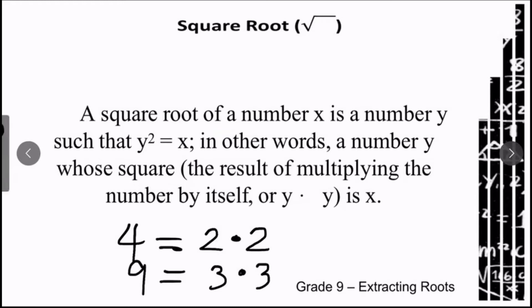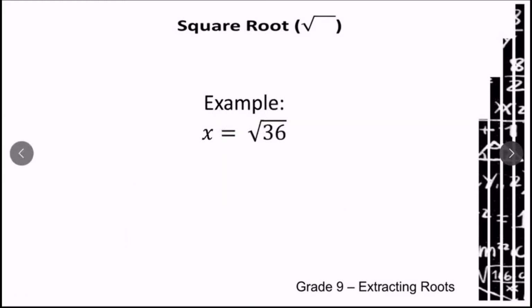So now let us have our first example. We have x is equivalent to the square root of 36. Therefore, we need to take the square root of 36. Using the square root, we will be thinking about two numbers that are the same, and if we multiply the two numbers that are the same, the answer is 36.